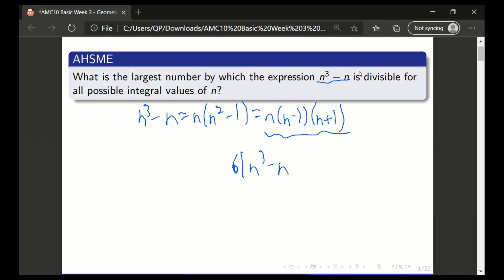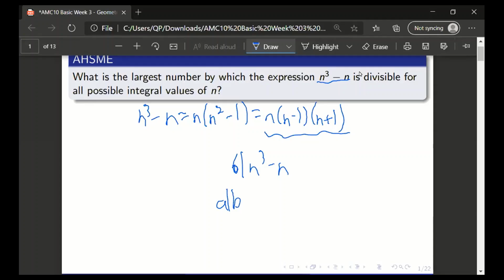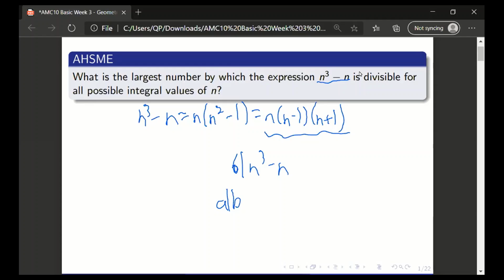And here I'm just using the shorthand a slash b, or however you want to call it. This basically just means a divides b. And I might use this more later on. And so you know that 6 must divide n cubed minus n.